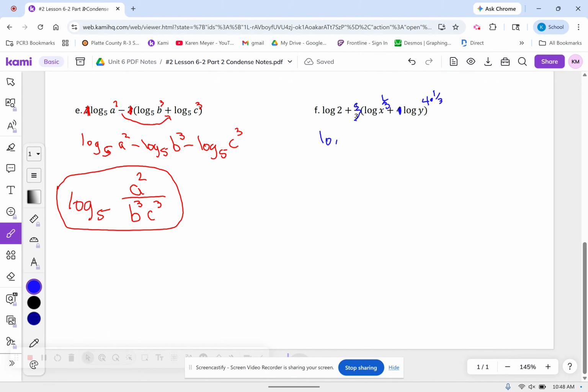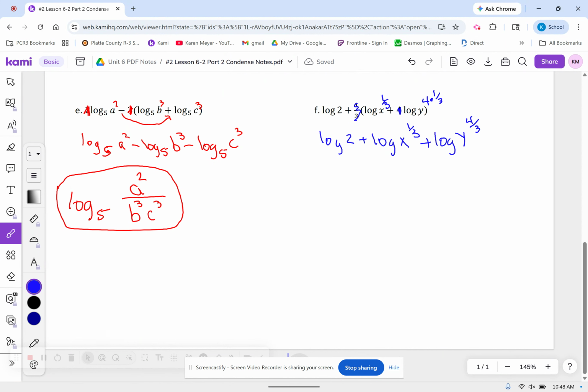So we're looking at log 2 plus log x to the 1/3 plus log y. And then if I take 4 times 1/3, 4 times 1/3 is just 4/3.